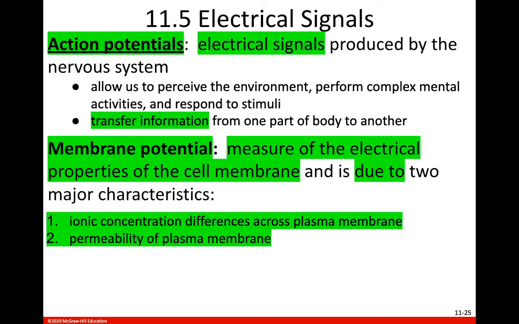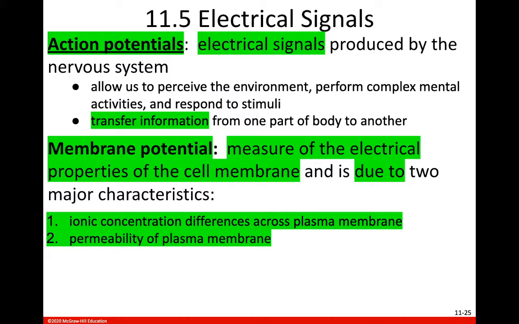But hopefully, after the information that we covered with muscle cells, the generation and conduction of an action potential won't be so overwhelming for you because we've already talked about it once with muscle cells. So it's going to pretty much be the same thing with nerve cells.